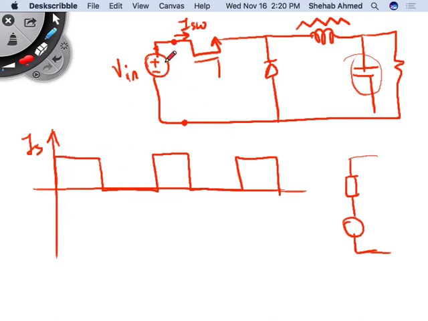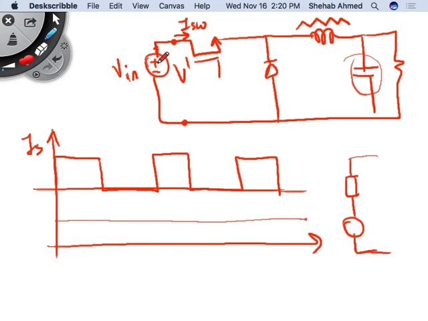Because what is the voltage here? This is V input now, and this is V prime. What does V prime look like? V prime will look like your ideal input, V input, which is the ideal voltage source, plus the ripple current multiplied by this impedance. Let me just draw this.